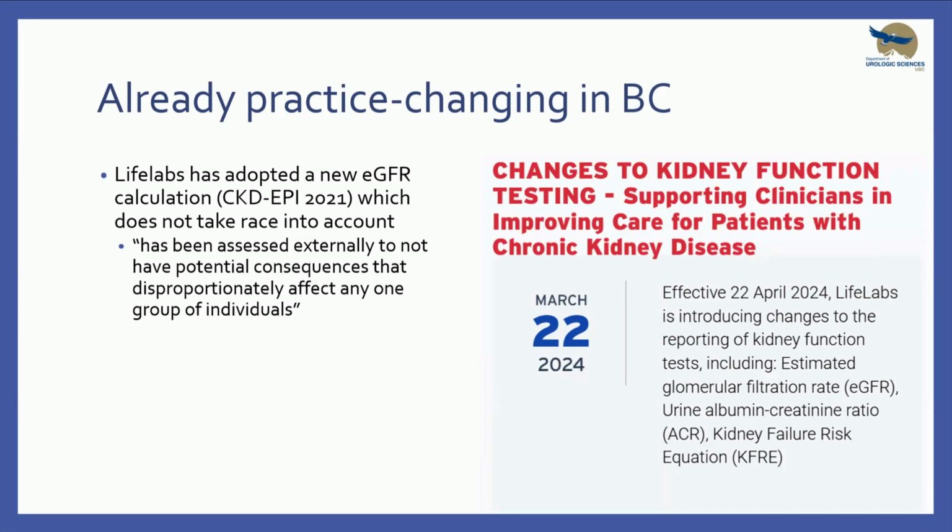This was made effective just last year, April of 2024. In their press statement, they said that this new GFR calculation has been assessed externally to not have potential consequences that disproportionately affect any one group of individuals. Whereas the previous GFR calculation often overestimated the GFR of Black people, which could delay practitioners offering them treatments for end-stage renal disease like dialysis or transplant.